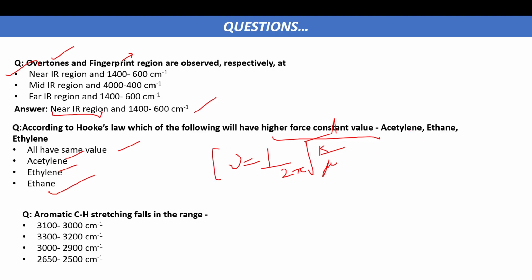Now, you know what is acetylene? Acetylene is the one with the triple bond, that is CH triple bond CH. What is ethane? Ethane is your C2H6, that is CH3CH3.